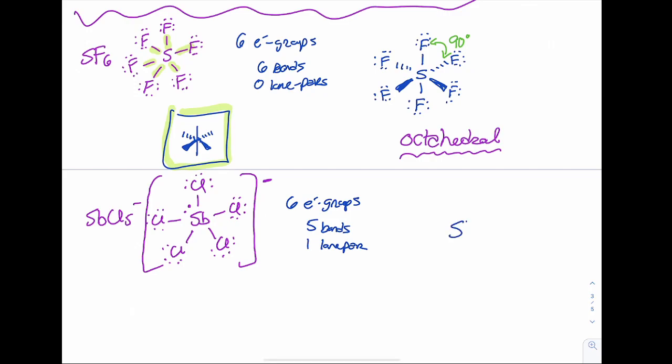So antimony in the middle. I'm going to go up to a chlorine, and then on each side, I'm going to come out to 1, and then go back to 1. It's getting kind of too messy. So chlorine, chlorine.